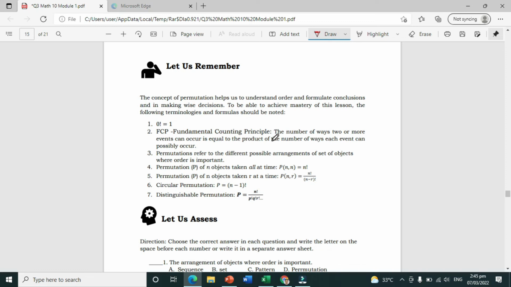Permutation of n objects taken all the time, P(n,n) equals n factorial. Permutation of n objects taken R at a time, P(n,r) equals n factorial over (n minus r) factorial. Circular permutation, P equals (n minus 1) factorial. Distinguishable permutation, P equals n factorial over p factorial, q factorial, r factorial.